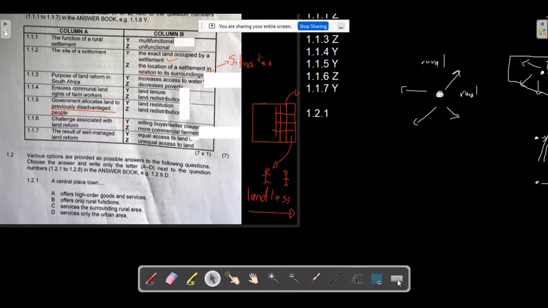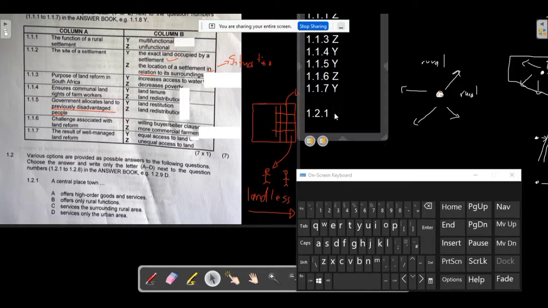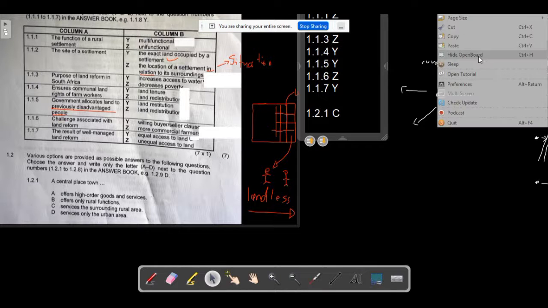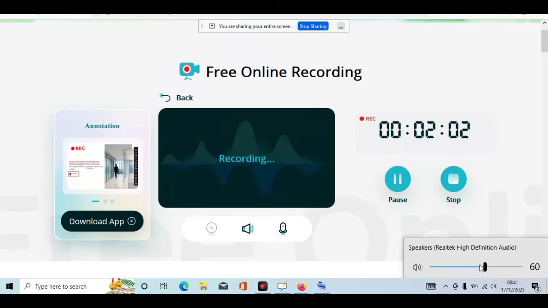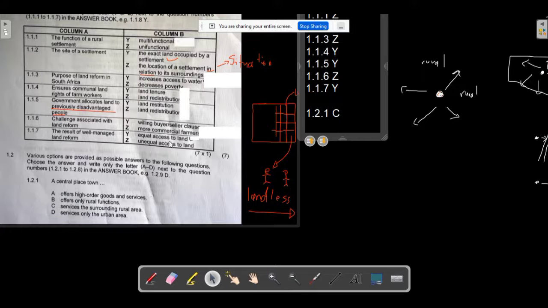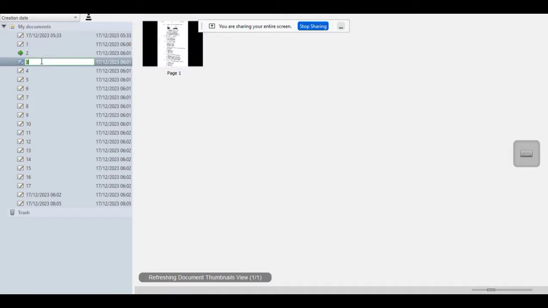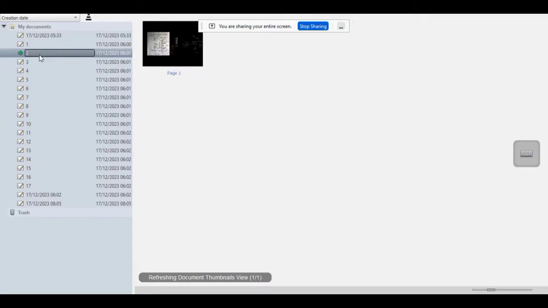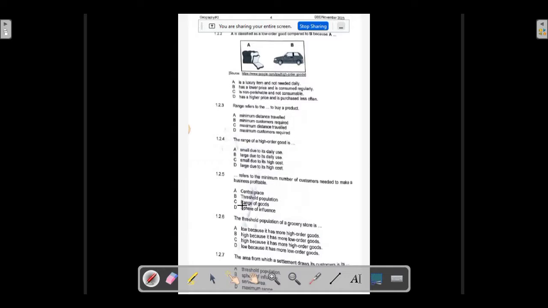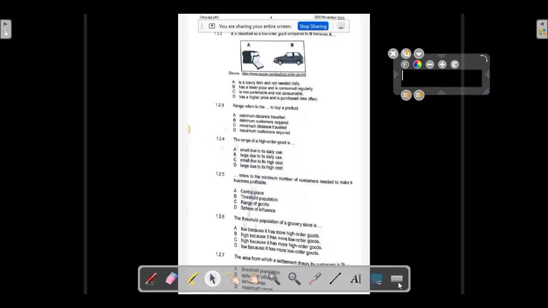So, guys, it's clear here that, of course, we are going with C. So that's C for 1.2.1. Let me reduce the volume again. So let's head on to the next question, guys. So 1.2.1, we went with C.